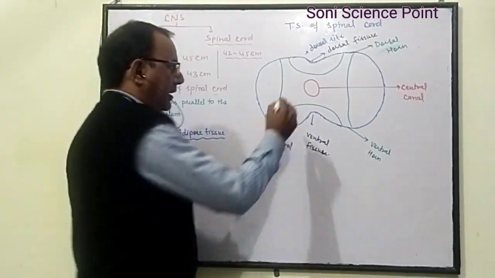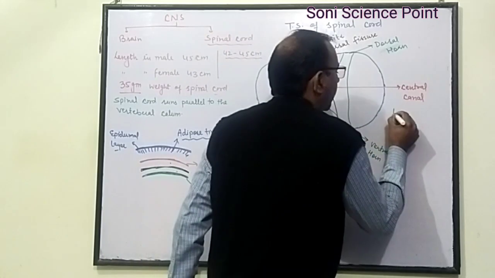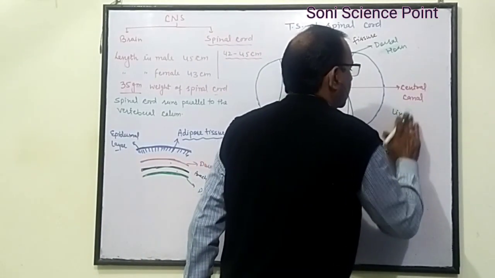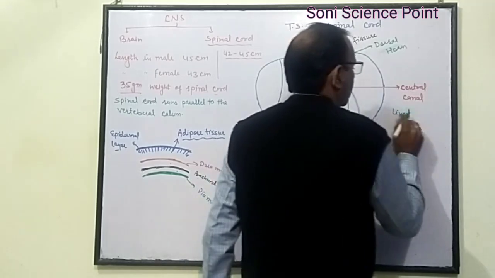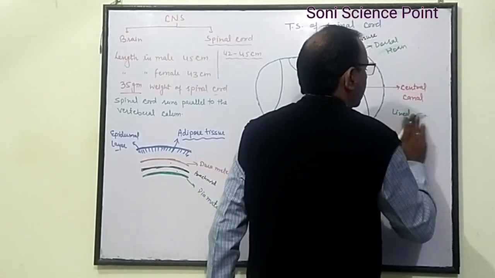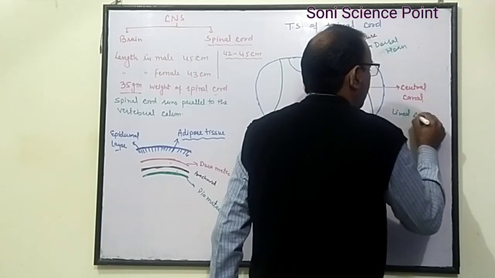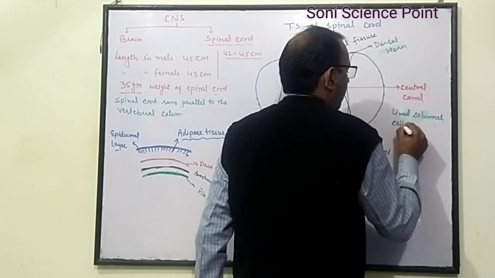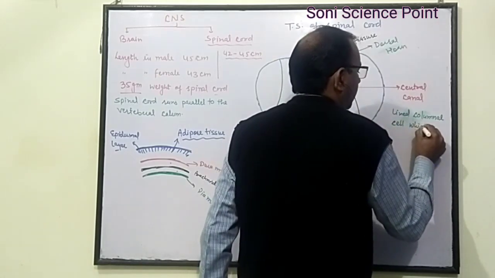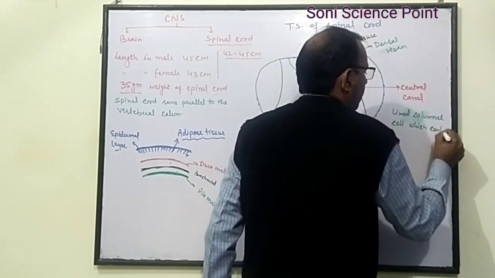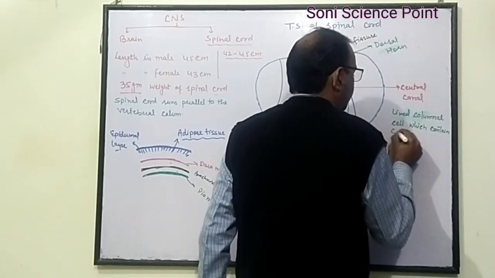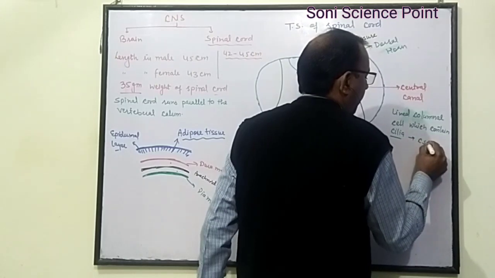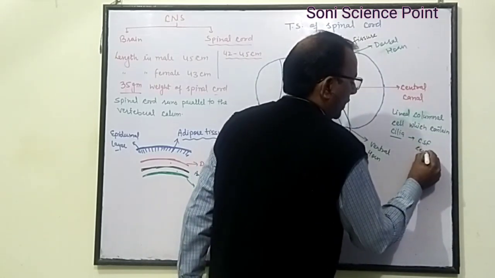The central canal is lined by columnar cells which contain cilia, and it is filled with CSF, cerebrospinal fluid.